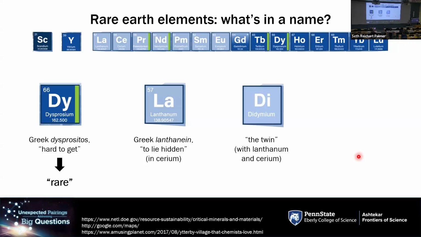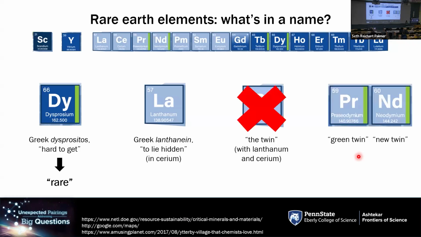There was an element called didymium, which comes from the Greek for twin, and it was named because it was found along with lanthanum and cerium. But then it turned out, in a very funny historical accident, that the twin was actually two elements in the first place, the green twin and the new twin: praseodymium and neodymium.